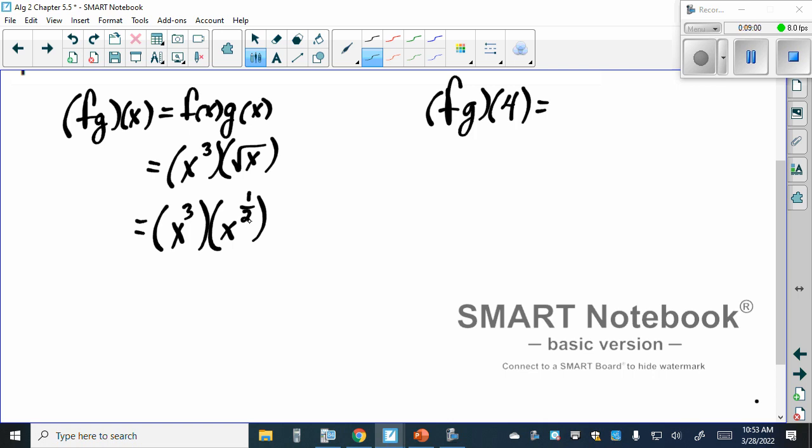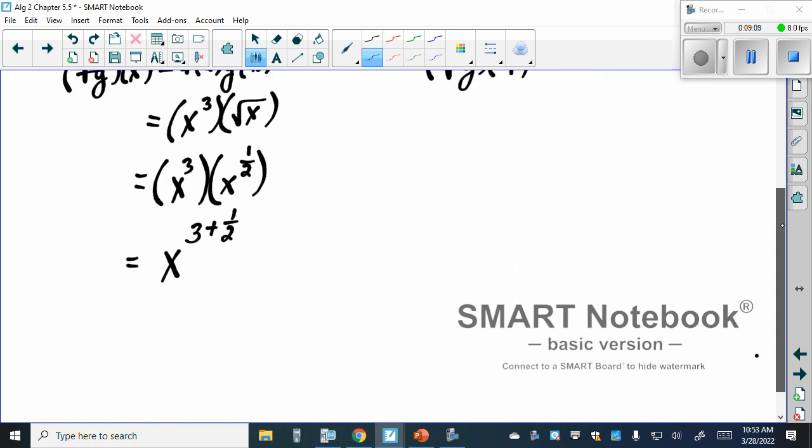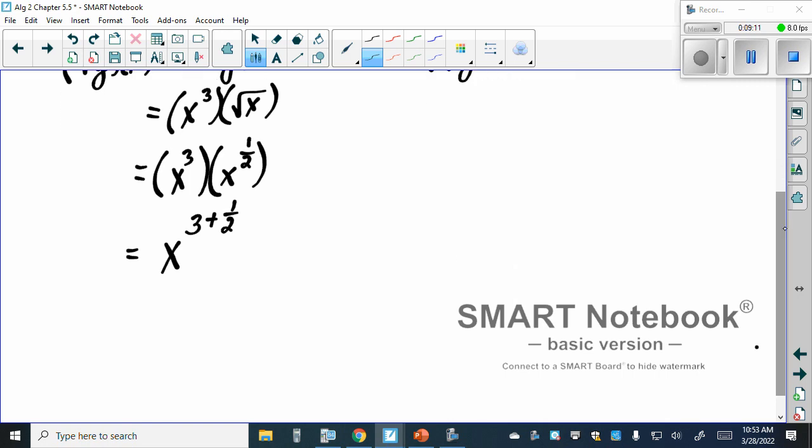Well, now we can multiply these together, and because we have like bases being multiplied, we add the exponents. So in the exponent, we're adding 3 and 1/2.